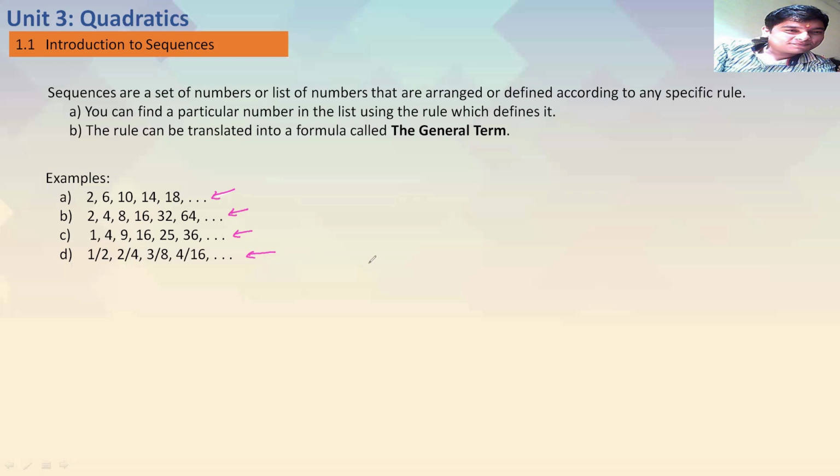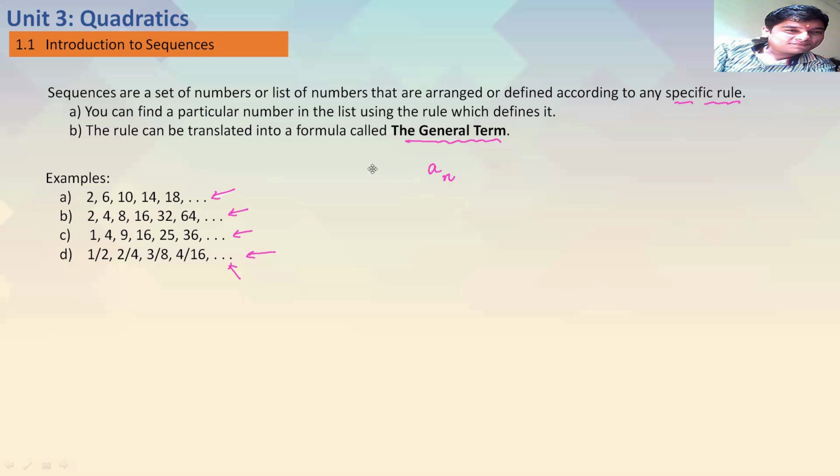All of these are sequences. You saw that there are some rules by which you can get the next term, right? The rules will get you the next term, or any term for that matter, in the sequence. So the specific rule that we talk about is translated into a formula called the general term, which is written like this: a n. Have you seen something like this before?